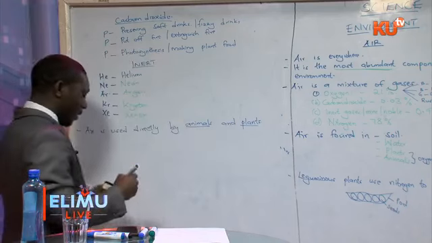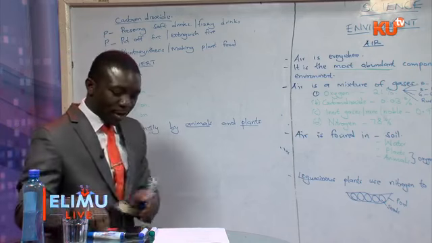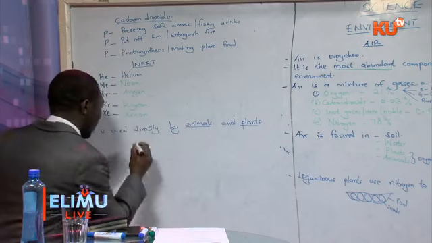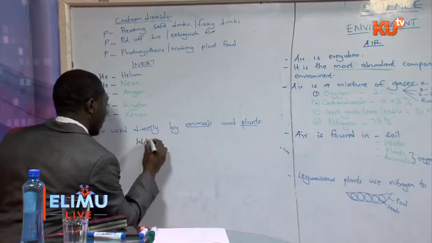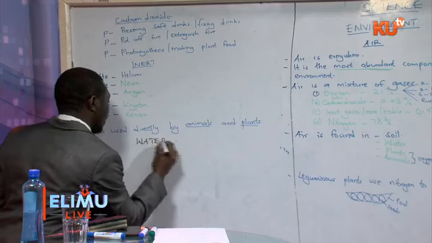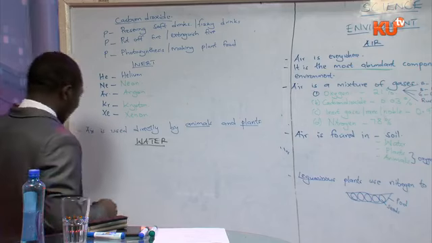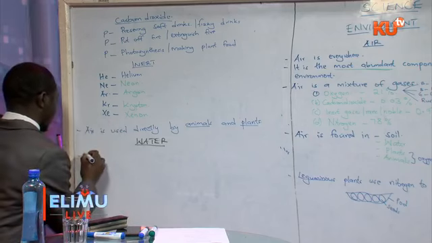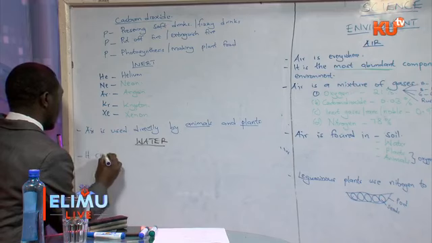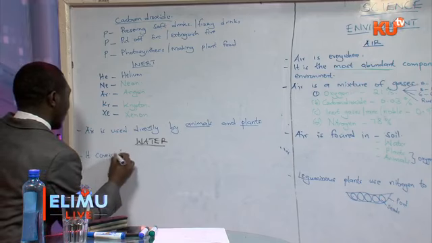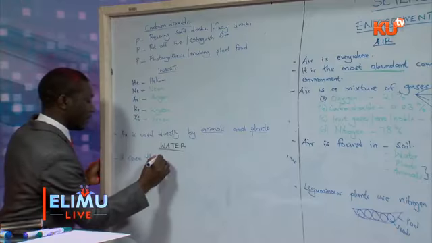The next one, we go to the second component of environment known as water. So water is the next major component of environment.